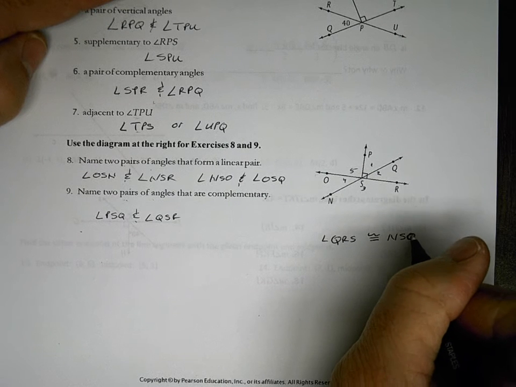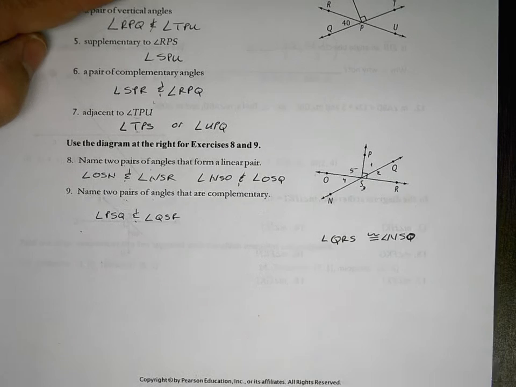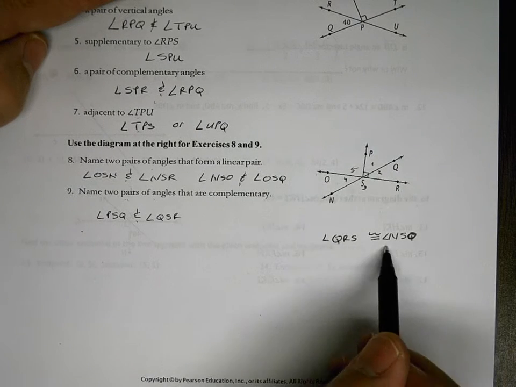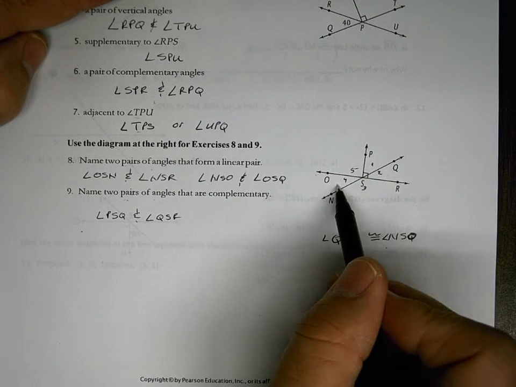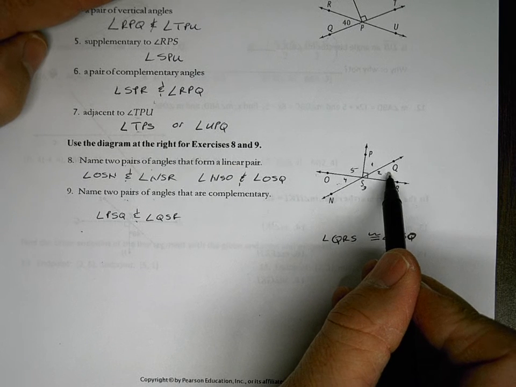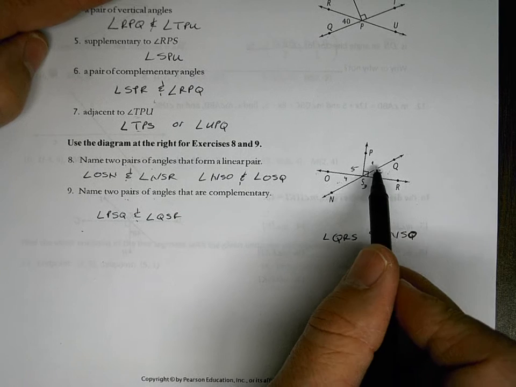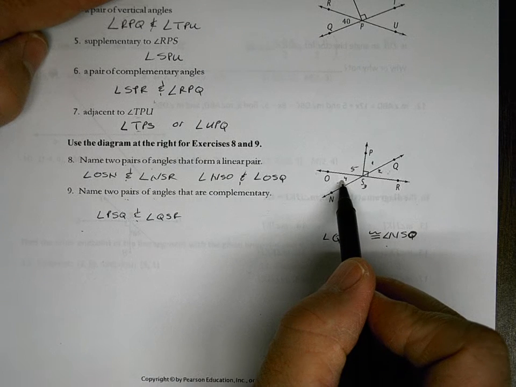Oops, not Q, that's an O. Sorry about that. We know these two angles are congruent because they're vertical angles. Angle 2 and 4 are vertical angles, which means they're congruent. So if angle 1 and 2 are complementary, it would mean that angle 1 and 4 are also complementary.